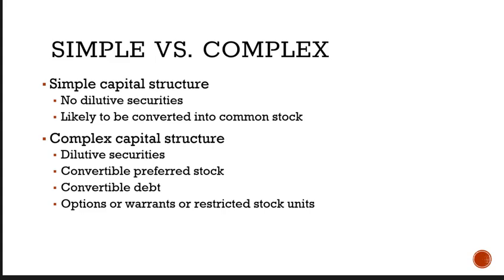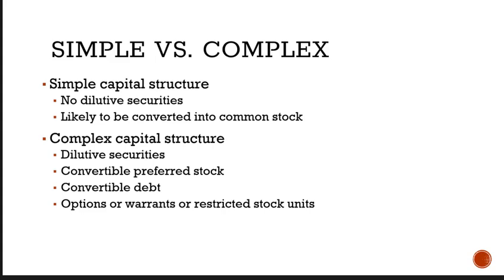A stock option is something that could end up with stock being issued. A convertible bond is something that could end up with stock being issued. Those are what's called dilutive securities. Anything that could automatically, or at the option of the owner, turn into common stock is a dilutive security, or potentially a dilutive security. A complex capital structure does have dilutive securities, so that's the difference. Complex has it, simple does not.